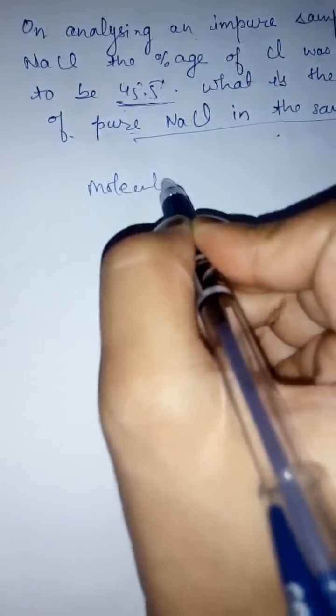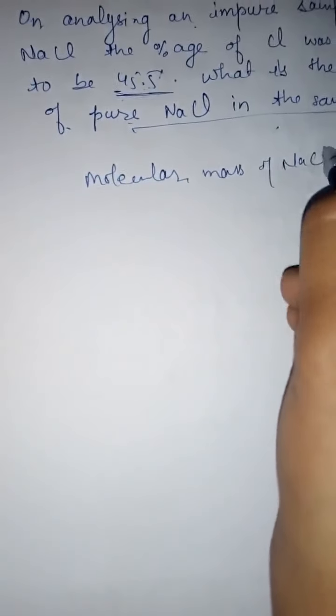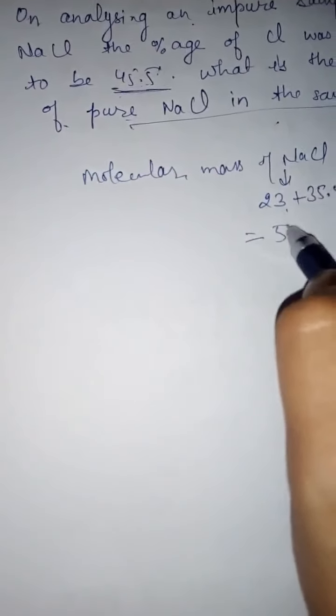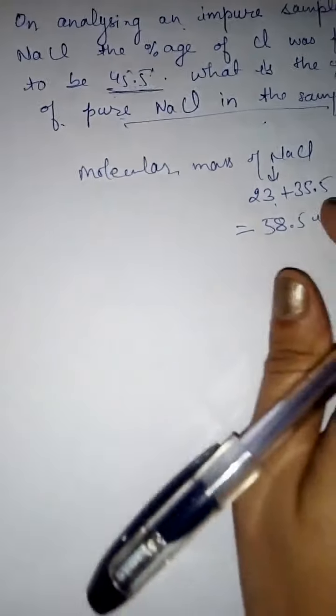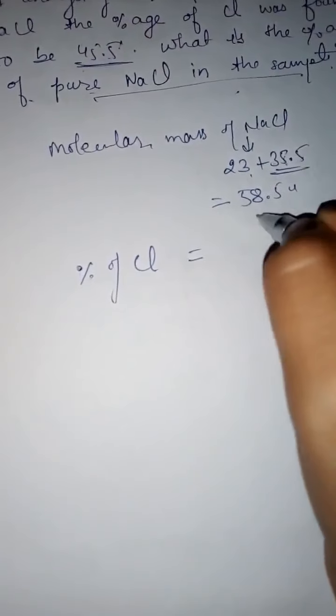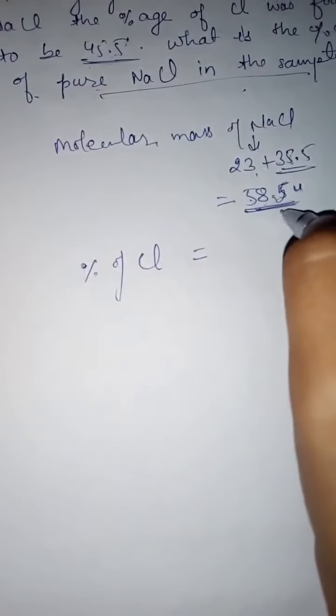Molecular mass of NaCl: sodium 23 plus chlorine 35.5, it will come 58.5. Now the percentage of chlorine is 35.5 in 58.5 u, that is the molar mass.